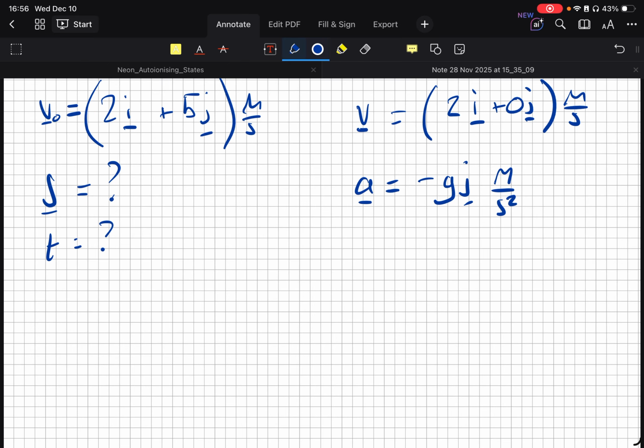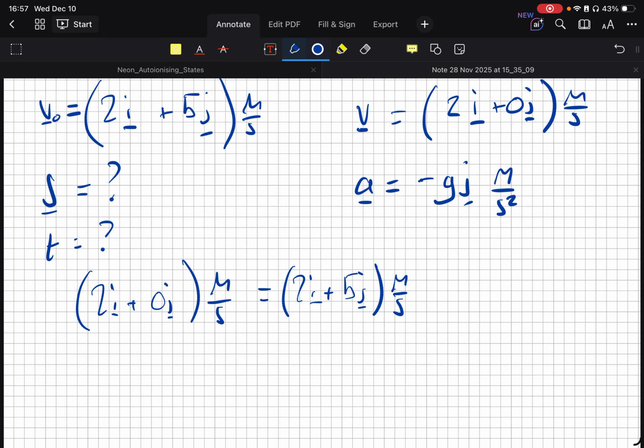So we will have our 2i plus 0j meters per second, that's our v, equal to our initial velocity, that's 2i plus 5j meters per second, plus the acceleration, so that's going to be minus gj meters per second squared times the time.